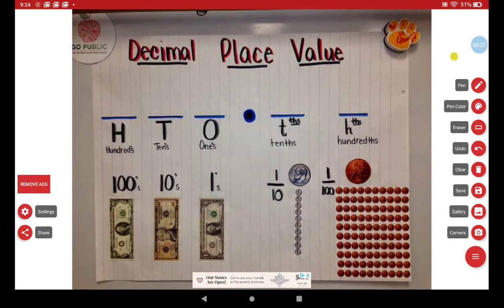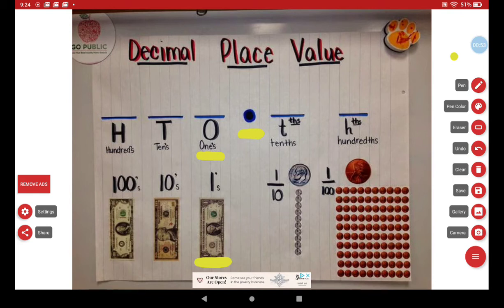When I like to think of decimal place value, I like to think about it like money. All right, you got a simple $1 bill. $1 bill is 1 ones right here. It is directly to the left of the decimal point. This decimal point is really important.